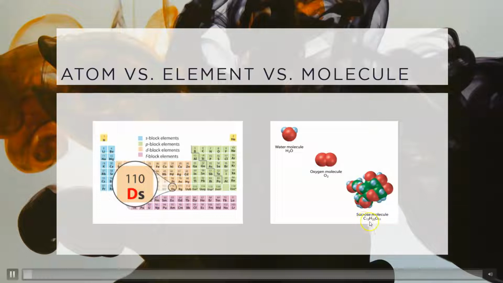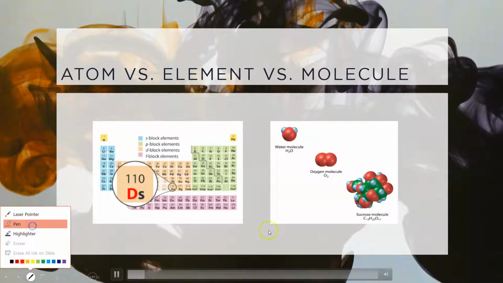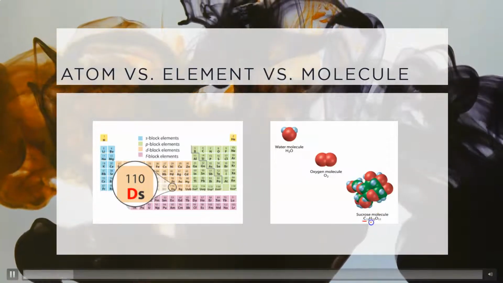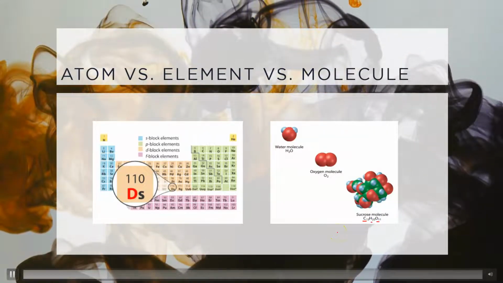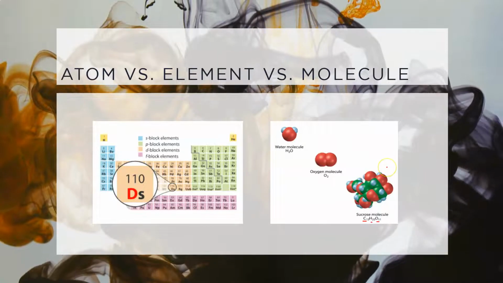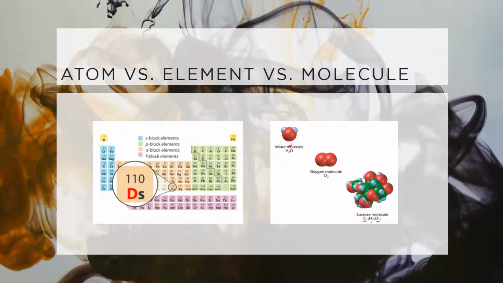You notice the different atoms that make up the sucrose molecule include some carbon, some hydrogen, and some oxygen. So what we ended up doing was we got rid of some water vapor, so some H2Os.